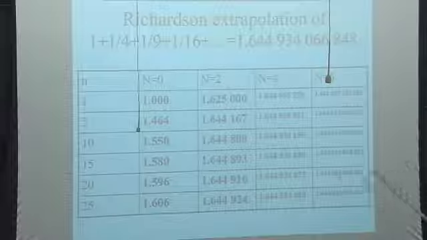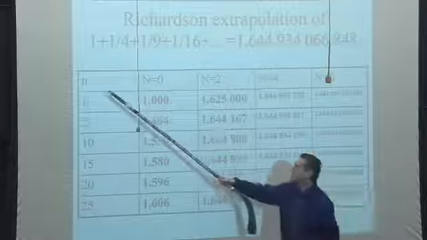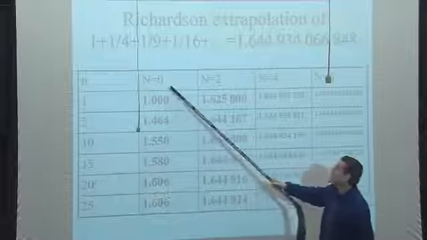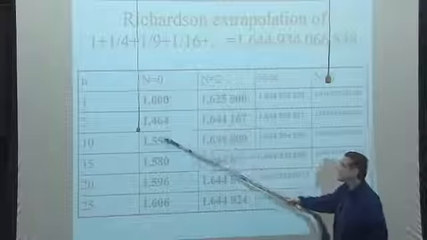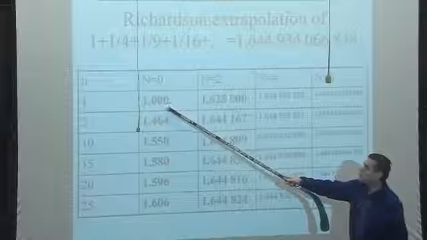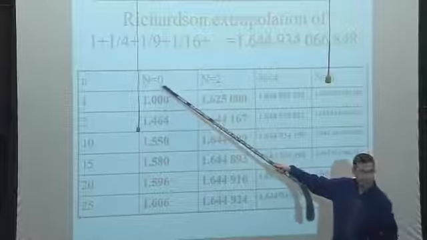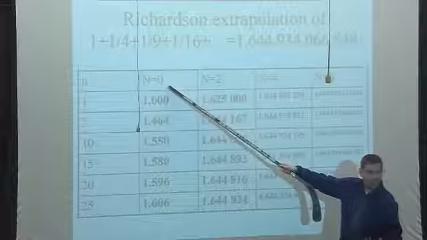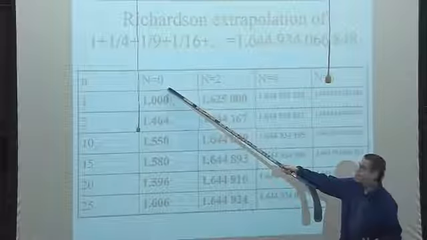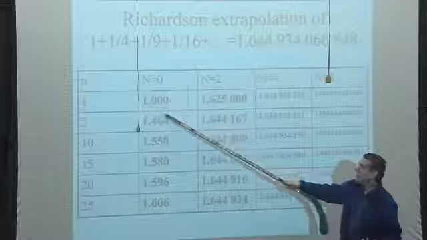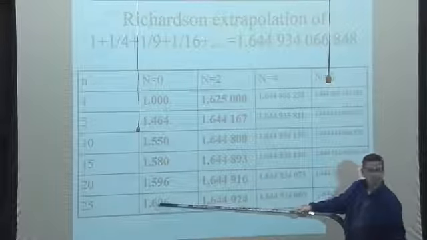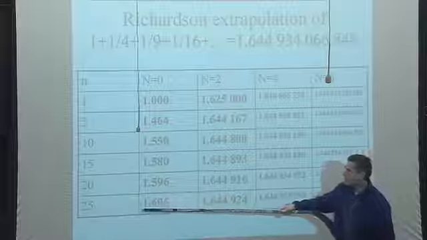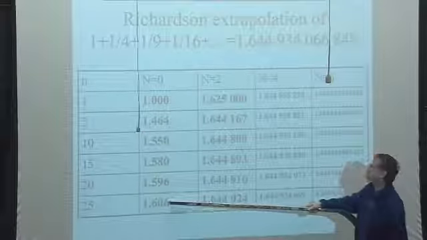On the other hand, what I'm doing here is writing down the nth partial sum, okay? And here's what you get. This is the 0th Richardson, okay? This is the Richardson 0. Okay, so if you add up 1 terms, you get this, and if you add up 25 terms, just direct adding up 25 terms in the series, you get 1.606.